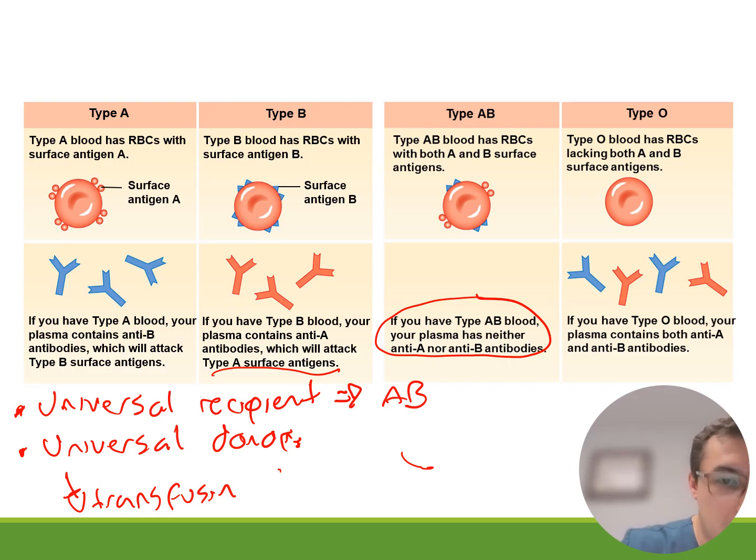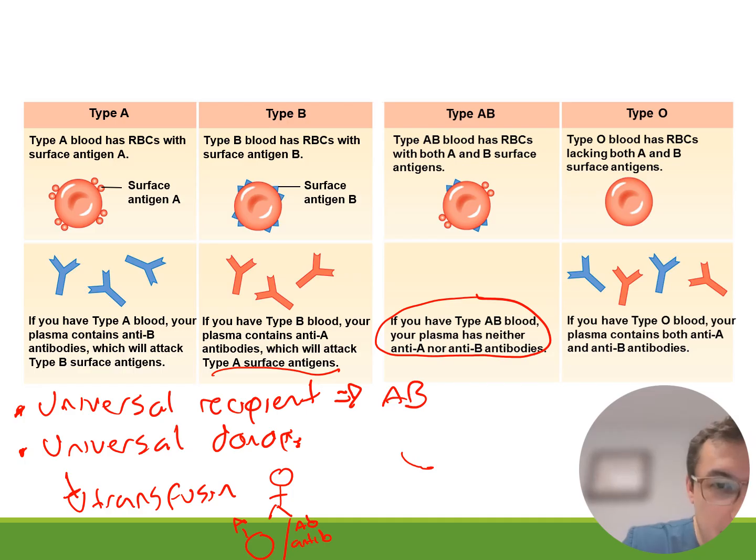So let's make it a person here. This person has maybe A, and it will produce what type of antibodies? Antibodies against B. So anti-B. All right.